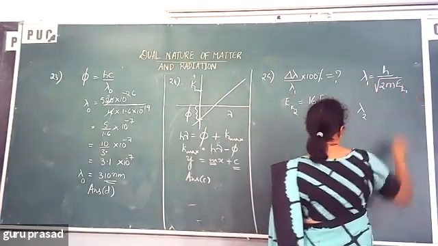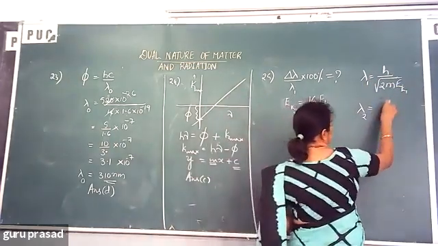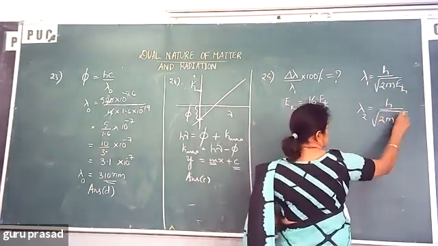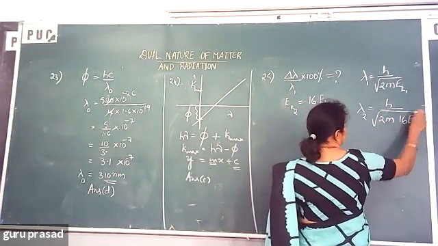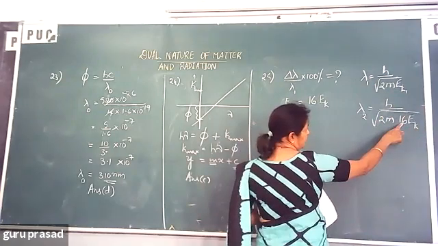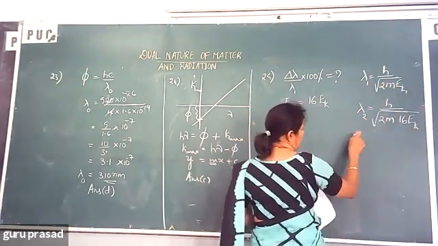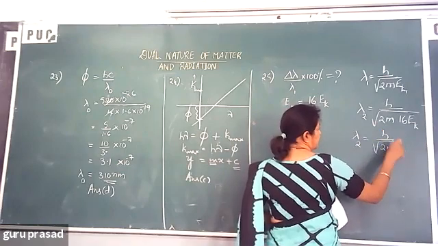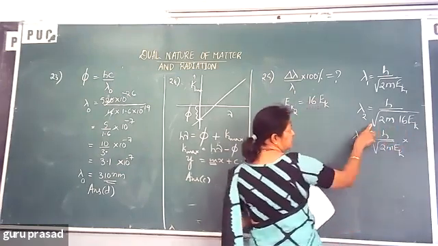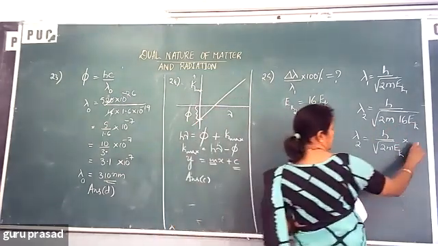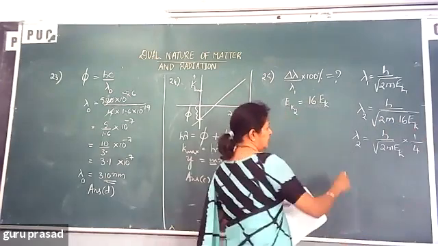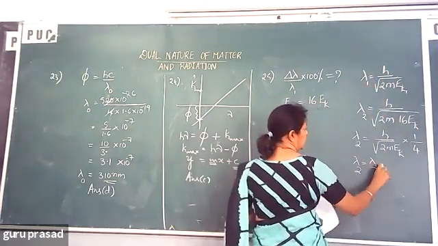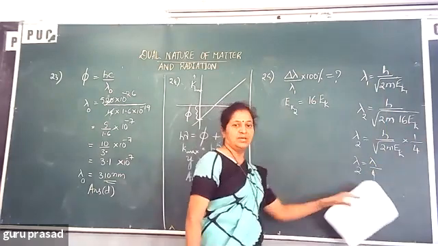Now lambda 2 is h by square root of 2m into 16 Ek, since there is no change in the mass of the particle or Planck's constant, only the energy changed. Taking root of 16 outside, it becomes 4 in the denominator. So lambda 2 is lambda 1 by 4.